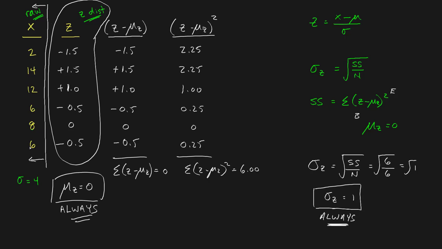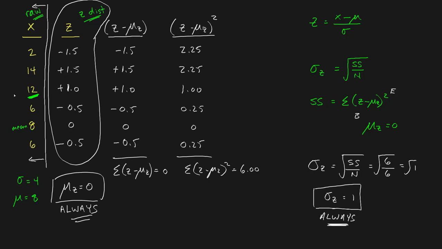Let's look for a moment again at our raw distribution. Now, in the raw distribution, the mean was equal to 8. So here's a value, 8. So this is the mean right here. If I wanted to look at a score that is 1 standard deviation away, let's say right here, 12 is 1 standard deviation above the mean. It is 4 above 8.